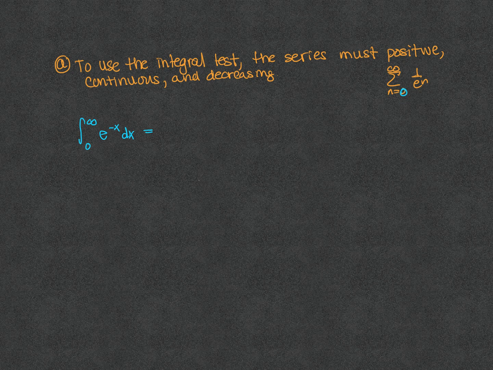The first thing we do is rewrite it with a limit, so limit as b goes to infinity. After we write it as a limit, we need to integrate it. The integral of e to the negative x is negative e to the negative x.